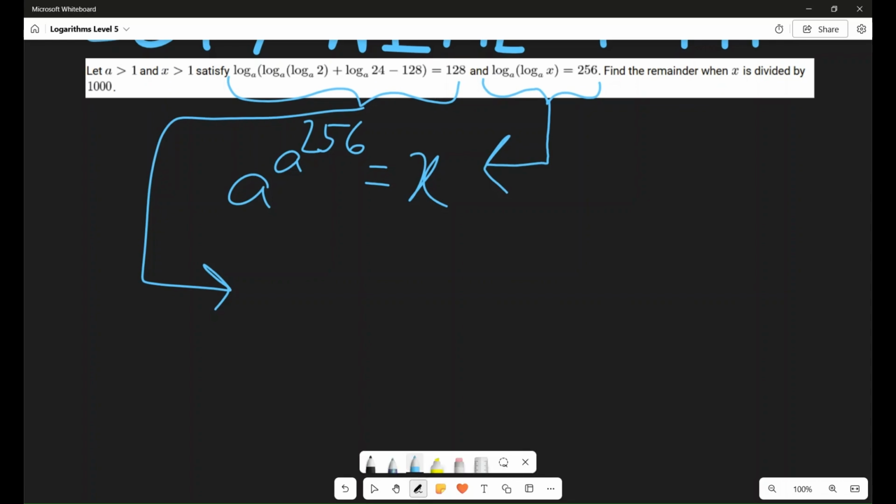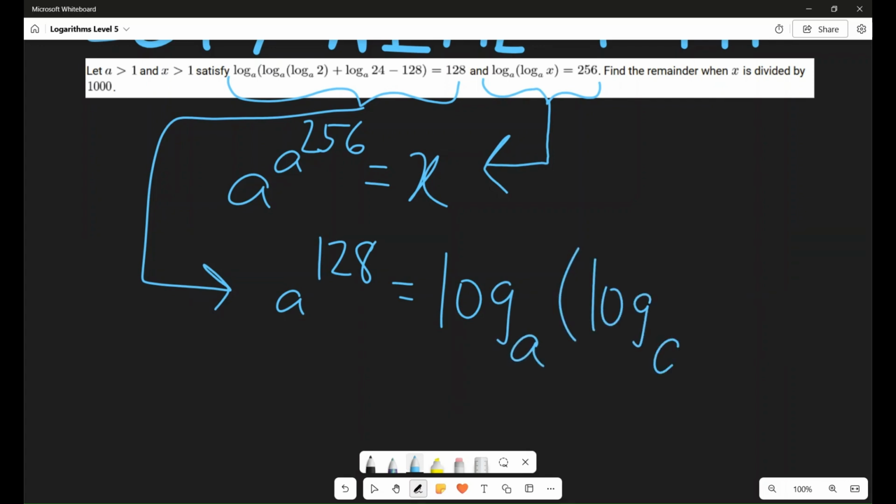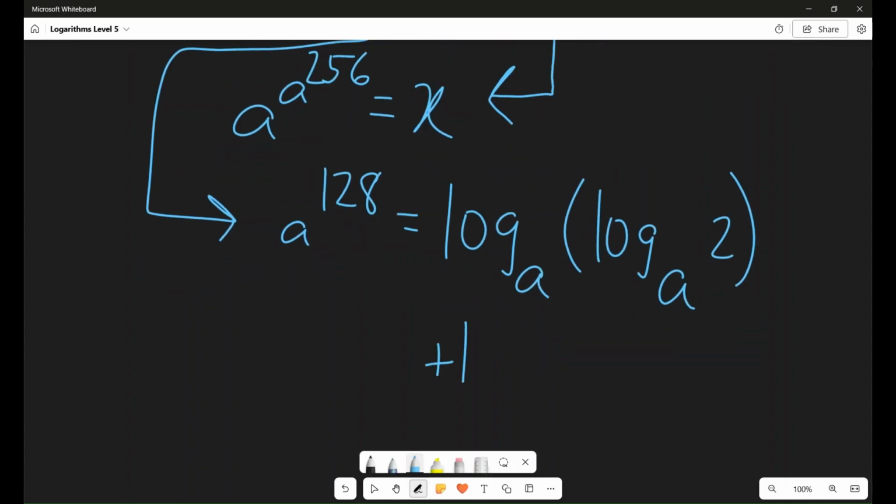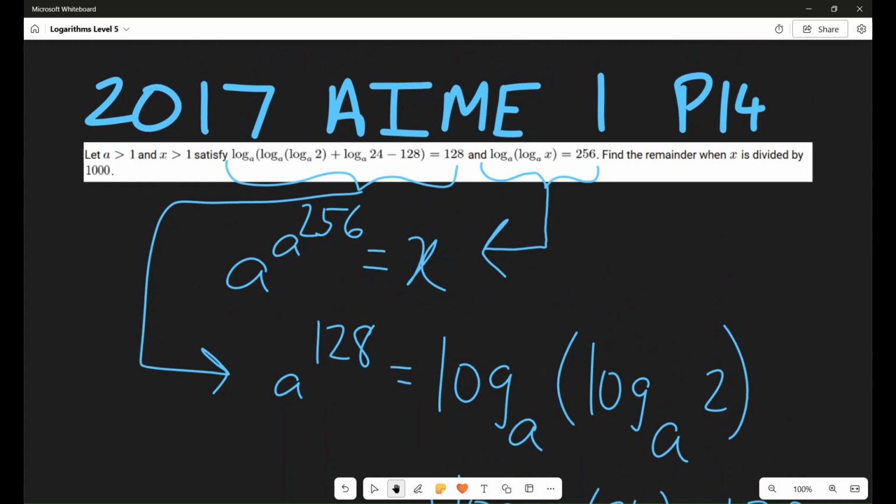And when we simplify that, we get a to the power of 128 is equal to log base a of log base a of 2 plus log base a of 24 minus 128.